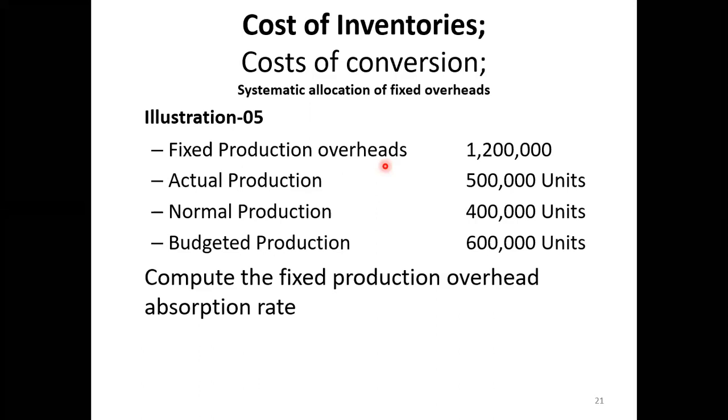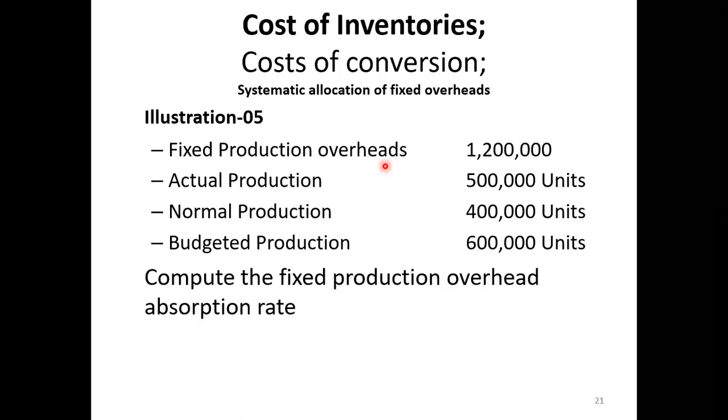Normal production is 400,000, actual production 500,000. Is the actual production above or below the normal capacity? Above the normal capacity. Very good. Then what is the basis? We have to divide 1.2 million by how many units? 500,000 units. Very good.